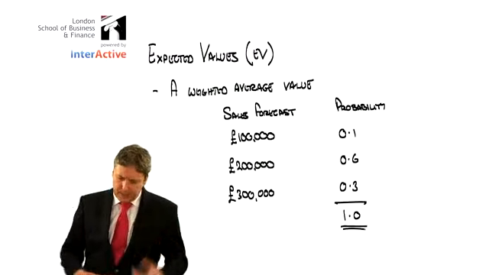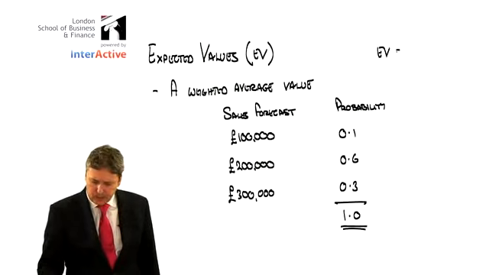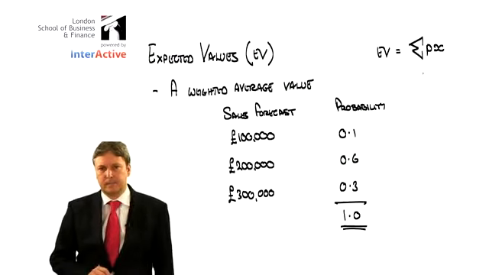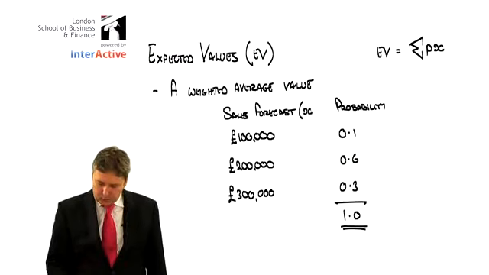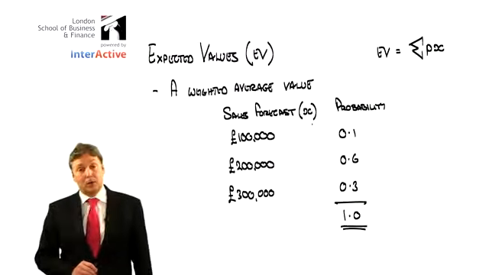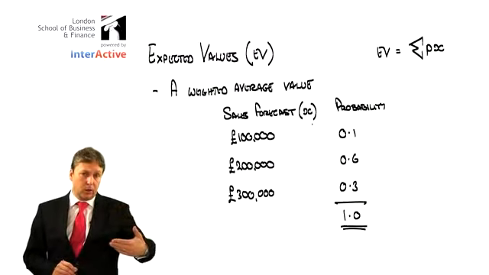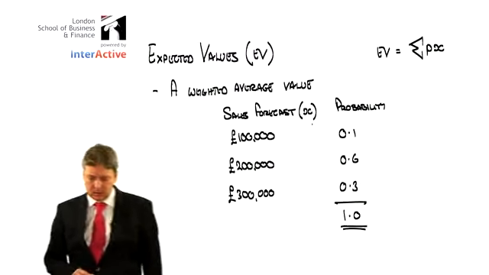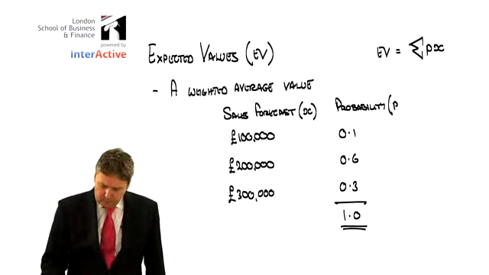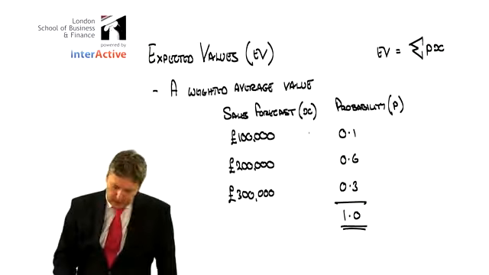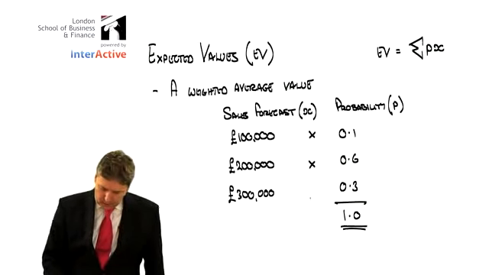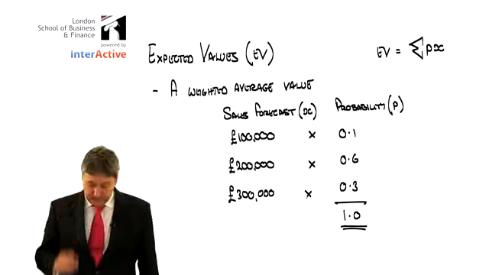When we're looking at an expected value, it is simply where we take the sum of P multiplied by X. What I mean by that is that the sales forecast is the value of the outcomes, 100,000 or 200,000 or 300,000. The probability is P. And what we want to do here is to simply multiply the probability by the value.